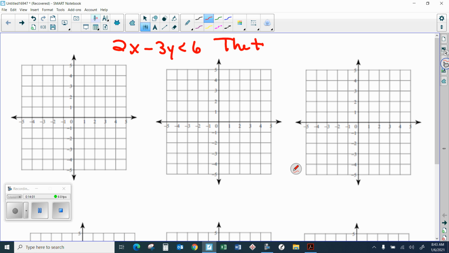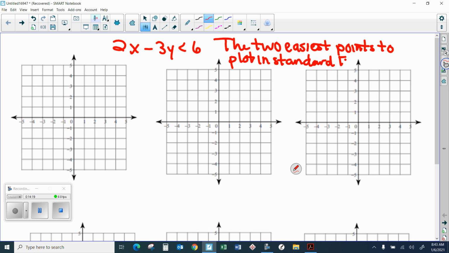the two easiest points to plot in the standard form are the x and y intercepts.